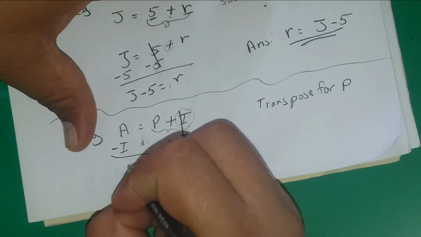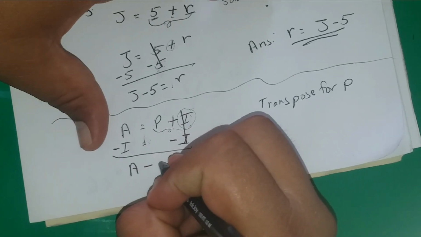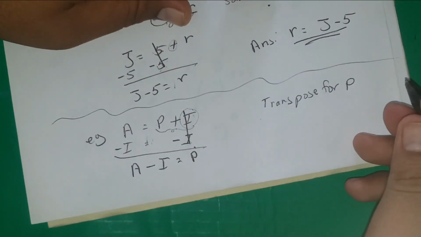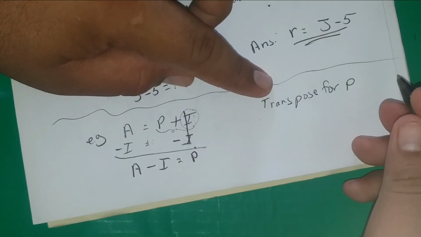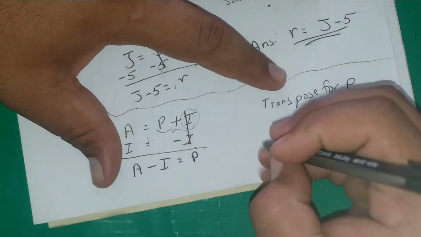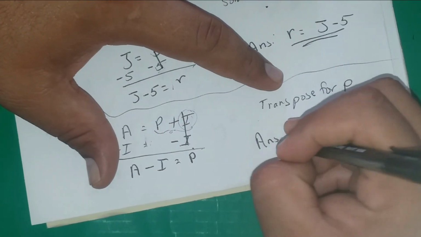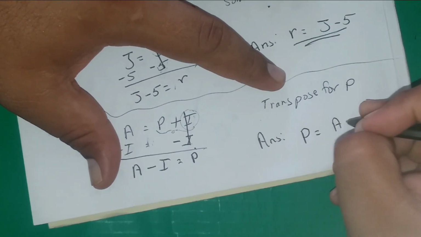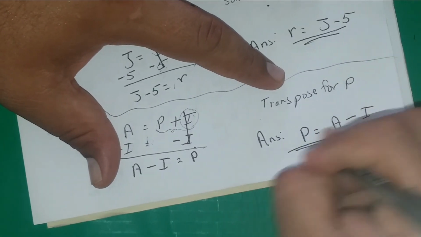So we have A minus I equals P. Are we finished? Have we made P the subject of the equation? Have we transposed for P? Yes. So the answer is P equals A minus I.